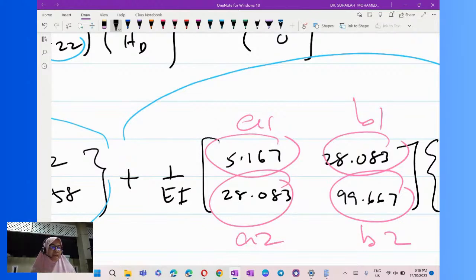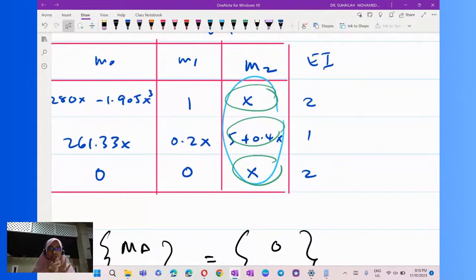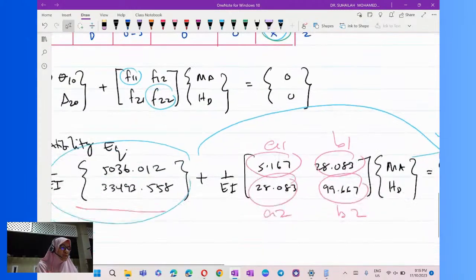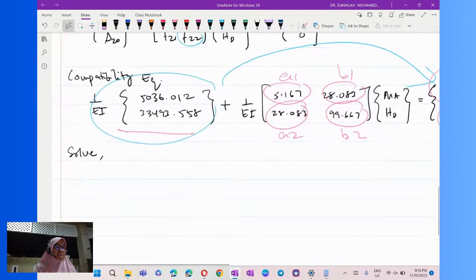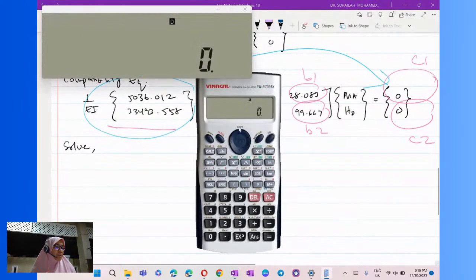Please check. You have to plus all. Previously, we just considered AB and BC because CD is 0. For M2, we have all: AB, BC, CD. So we have to plus all. Now we want to solve this using two simultaneous equations using calculator.